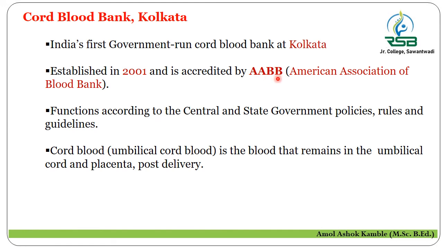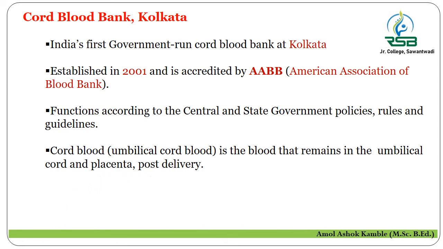This blood bank functions according to the central and state government policies, rules and guidelines. The umbilical cord blood is the blood that remains in the umbilical cord and placenta at the time of post delivery.